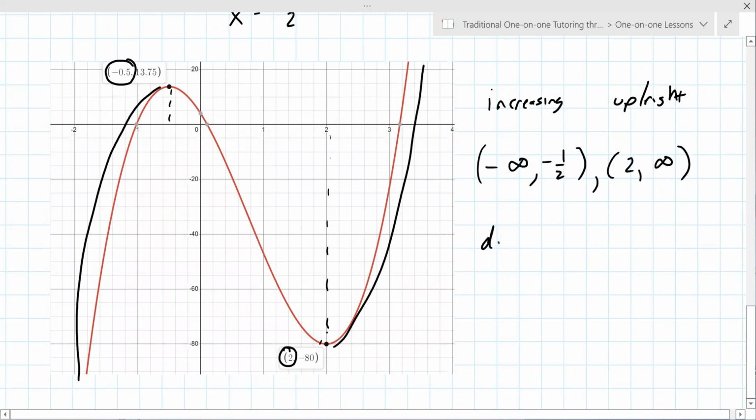And then decreasing is the other interval. So it would be from minus 1/2 to 2.